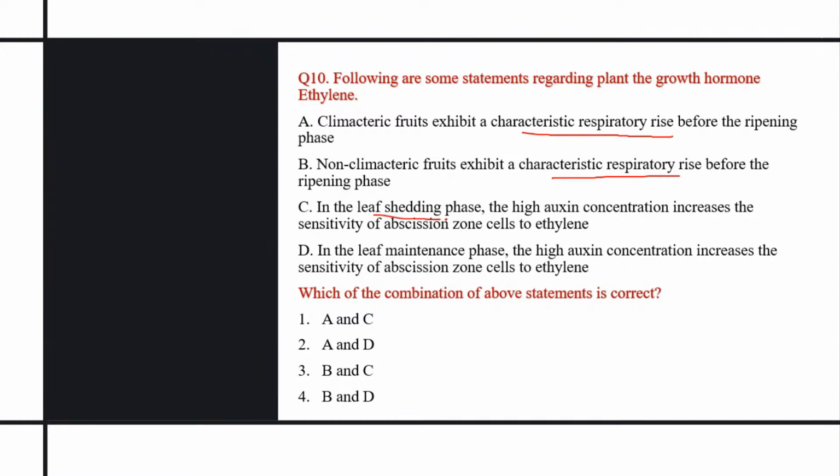In the leaf shedding phase, higher auxin concentration increases the sensitivity of abscission zone cells to ethylene, whereas in the leaf maintenance phase, higher auxin concentration increases the sensitivity of abscission zone cells to ethylene. Identify the correct combination of statements from here.